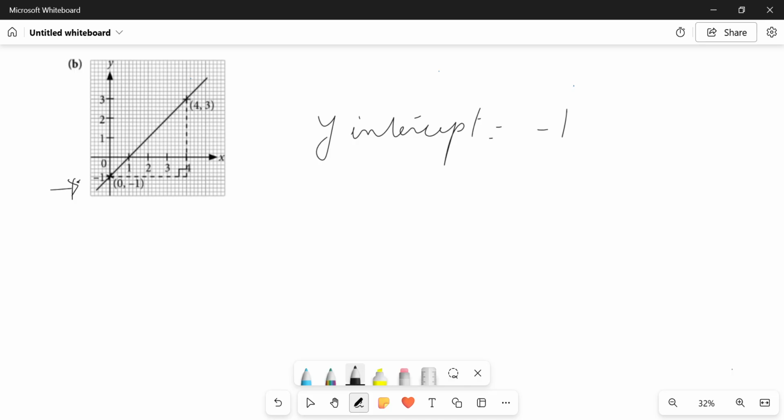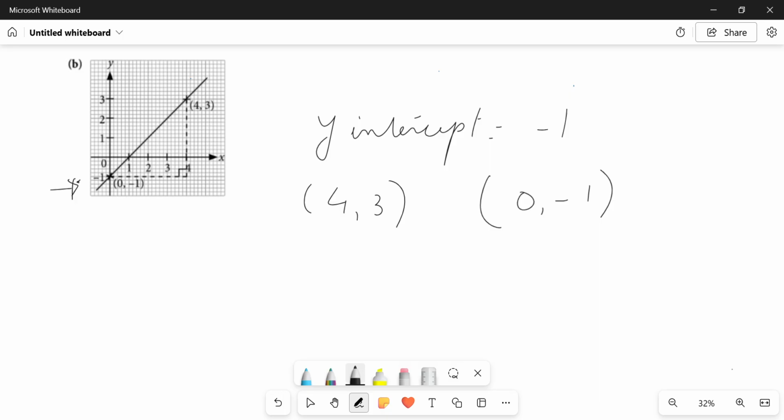Okay, now we need to find out the gradient of this line. So we have found 2 points. One point here is 4 comma 3 and the other has x equal to 0 and y equal to minus 1. The first coordinates we take are 4 comma 3, and the second coordinates are 0 comma minus 1.